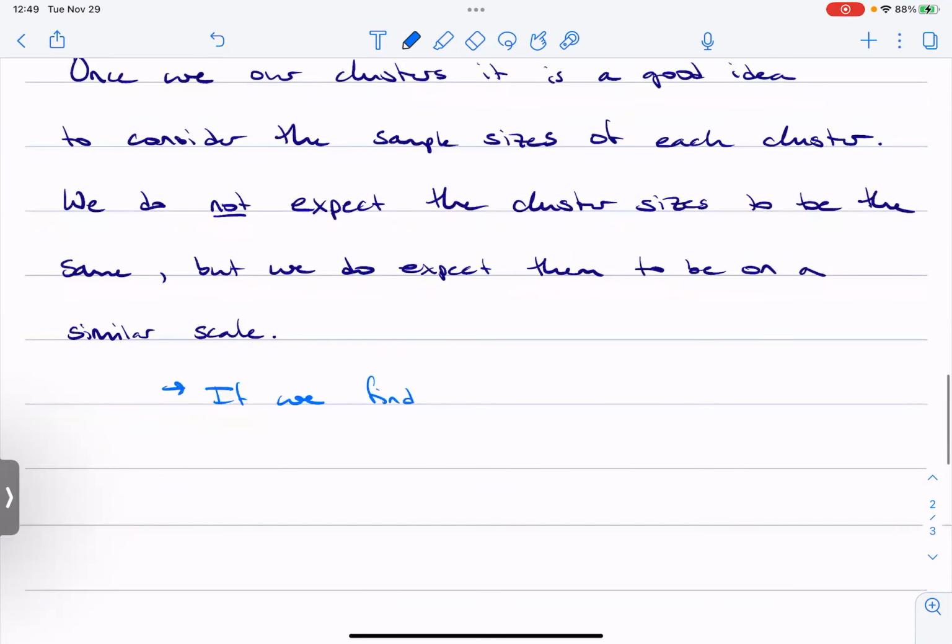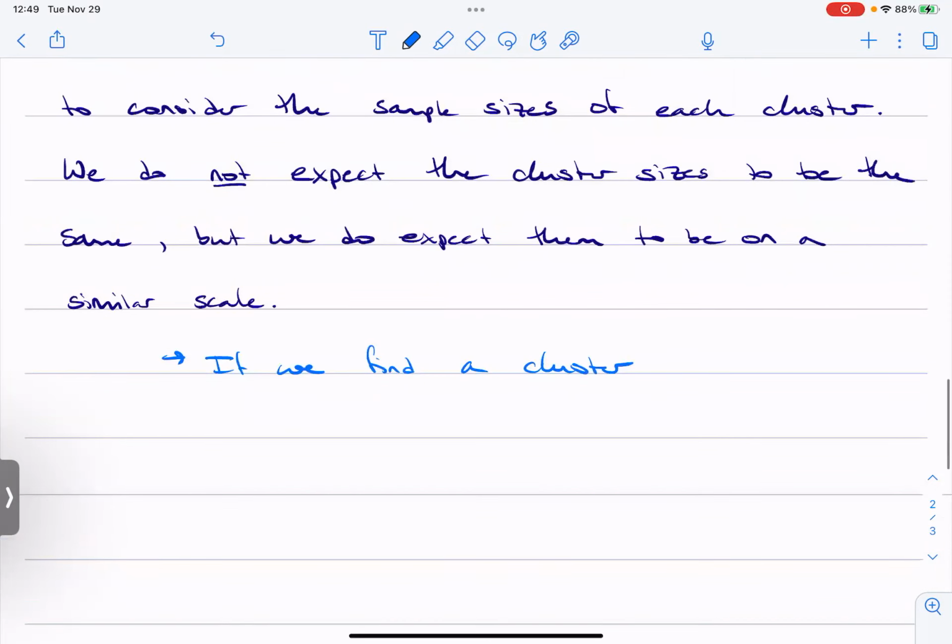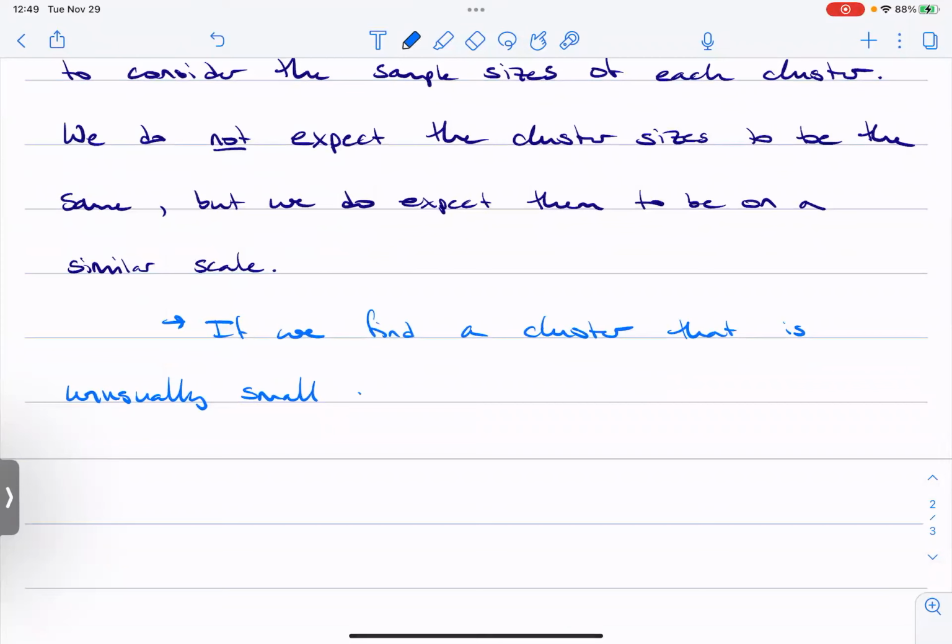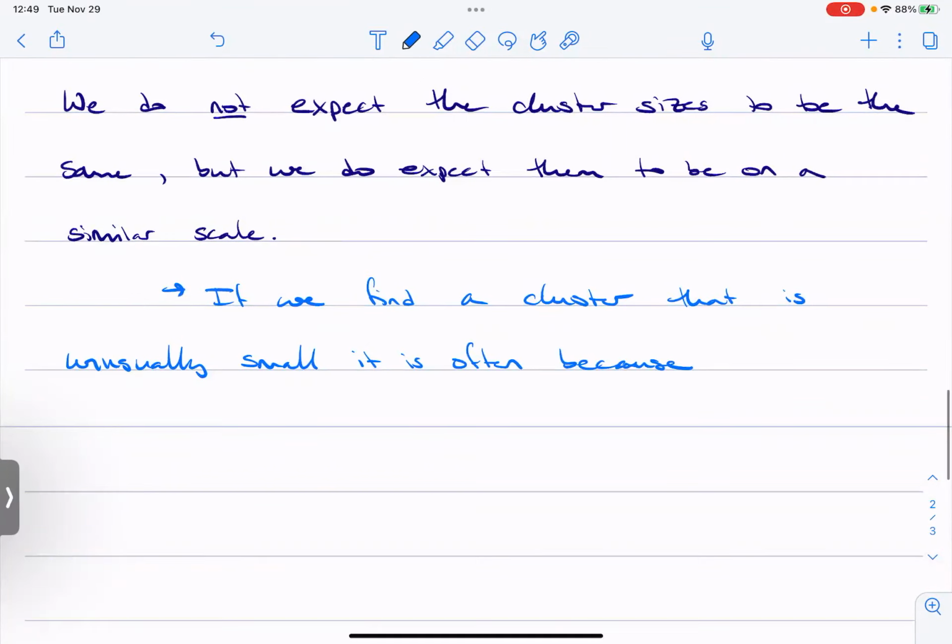But if we find a cluster that is unusually small, it is often because it consists of outliers that should be examined.